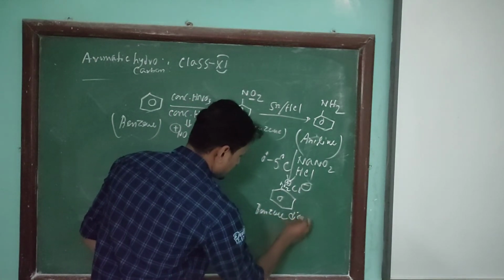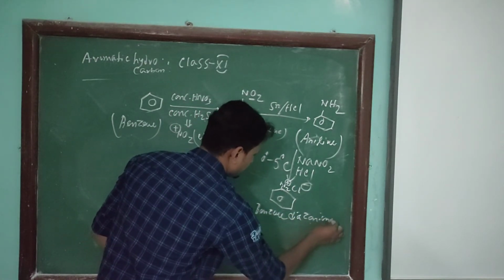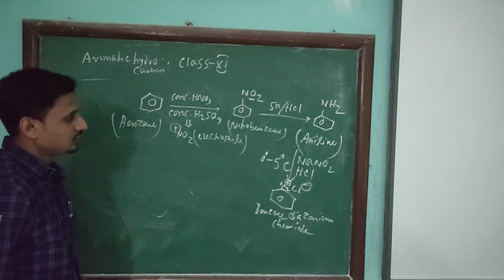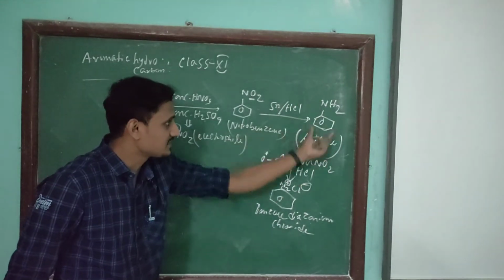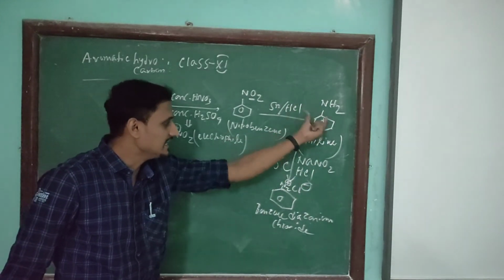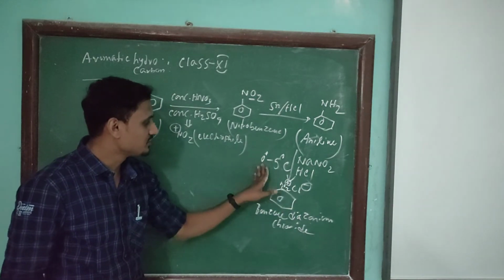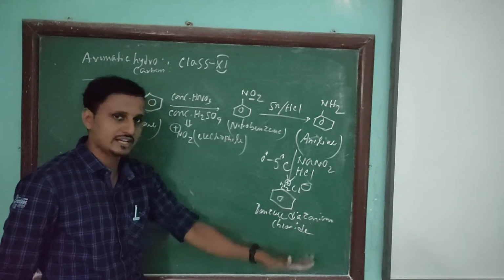Benzene diazonium chloride. Clear? So this reaction is called diazotization. When aniline reacts with NaNO2 and HCl, and if you cool it at 0 to 5 degrees temperature, then you will get benzene diazonium chloride.